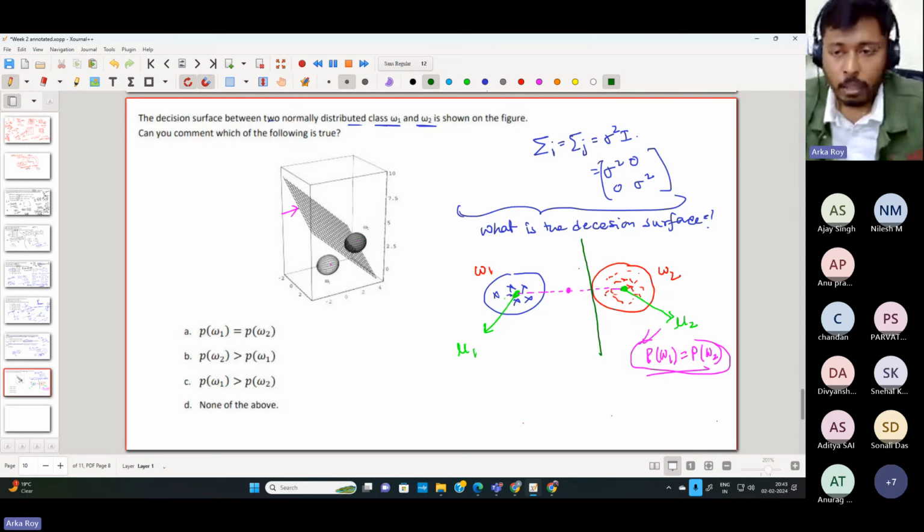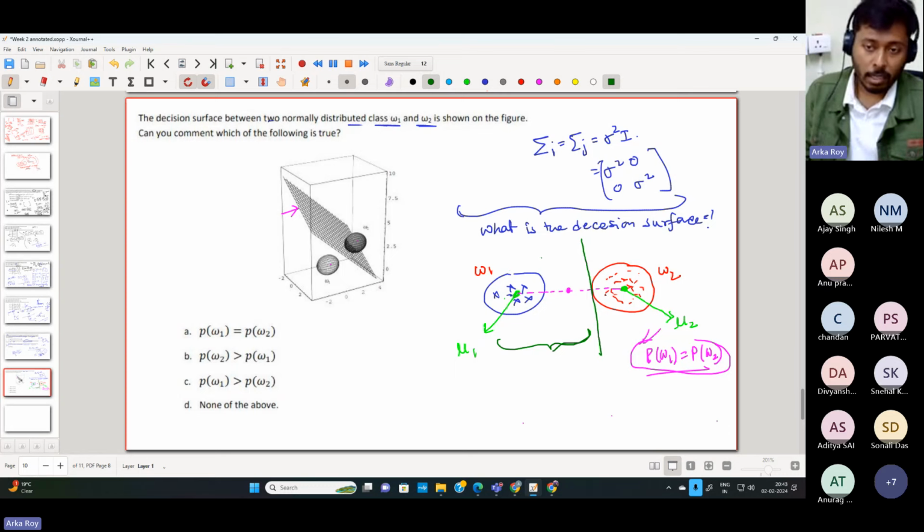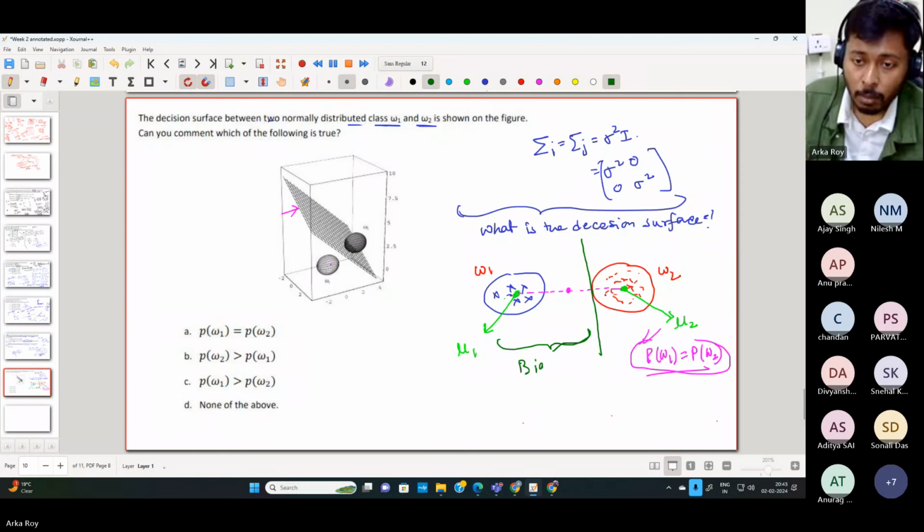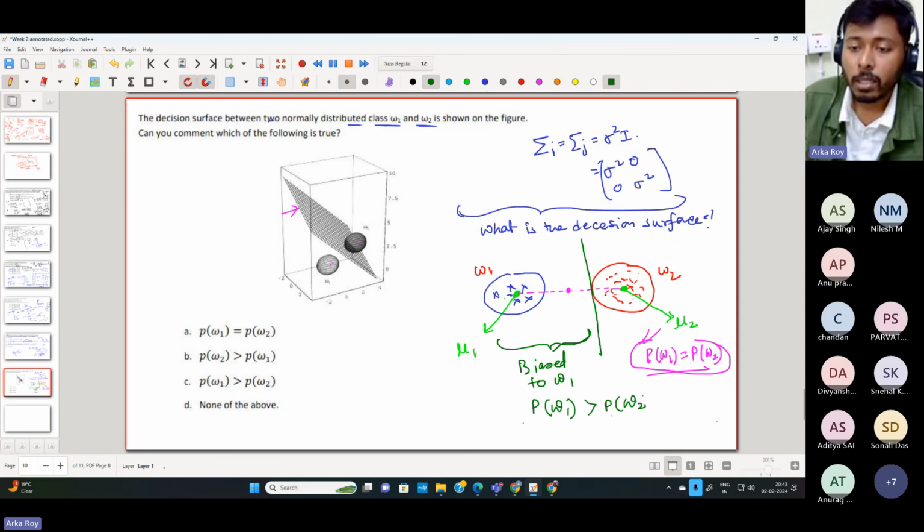That means the prior probability for this class, yeah, it is greater. That means your classifier will be biased toward class 1, because your prior probability for omega 1 is greater than the prior probability of omega 2.